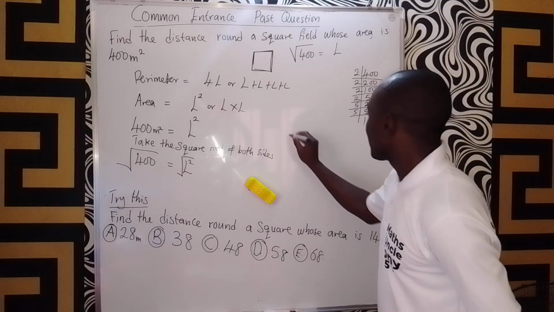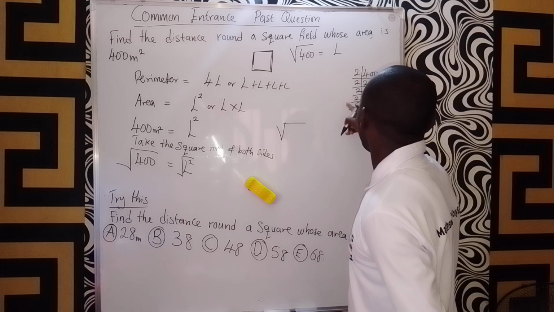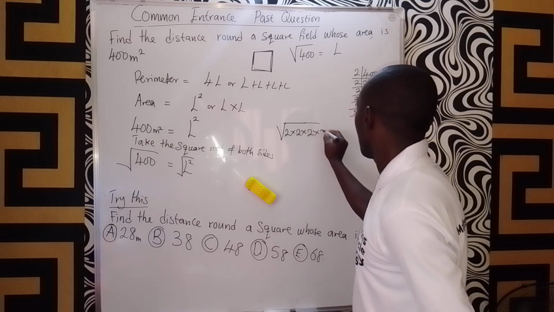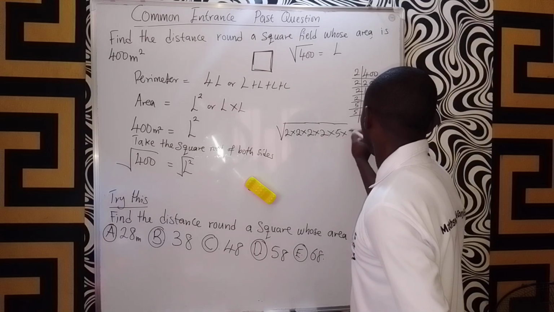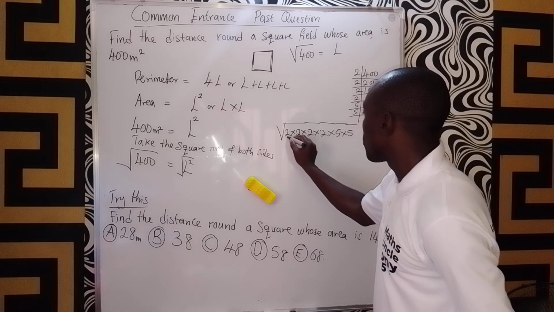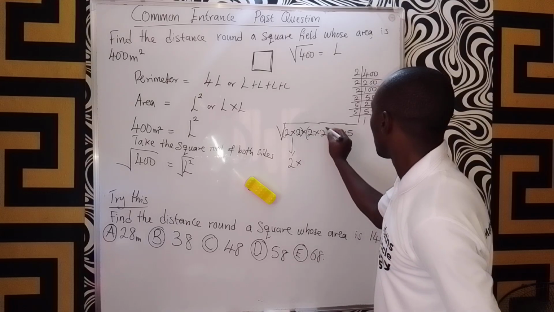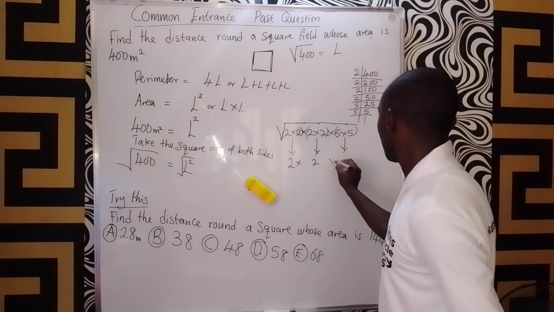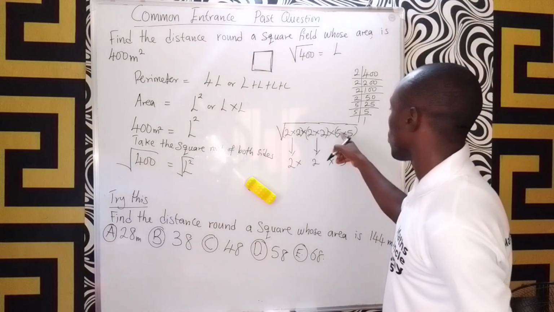For 400 we have four 2s, multiplied by two 5s. Each pair of 2s, you pick 1. Out of every pair, I pick 1, and out of the pair of 5s I pick 1.